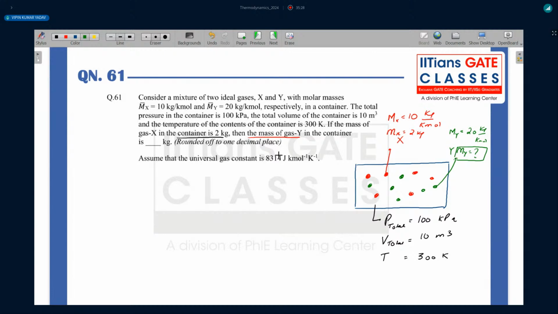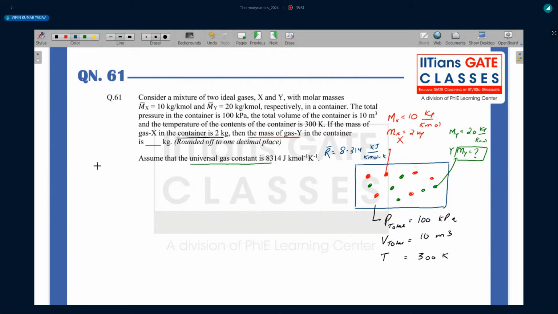Okay. And they are saying R, what is this universal gas constant? R bar. Take R bar as 8.314 kilojoule per kilomole Kelvin. Okay. So of course these are ideal gases, so we have to use the ideal gas equation, right?